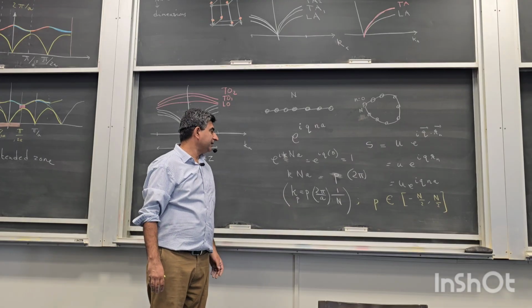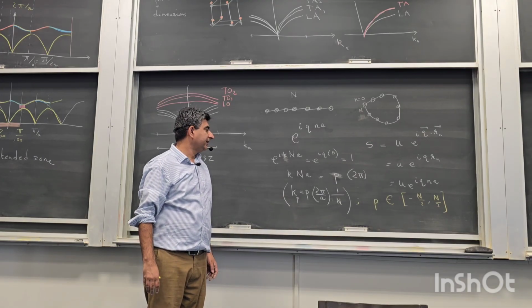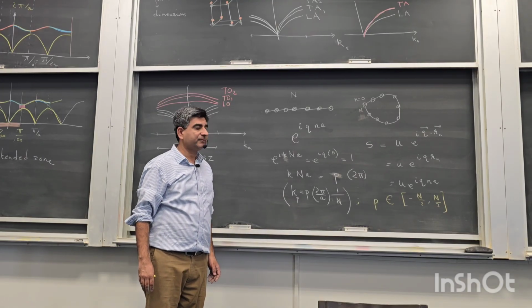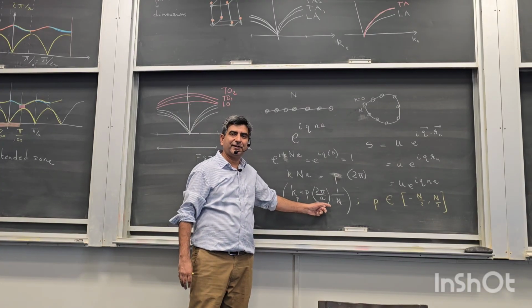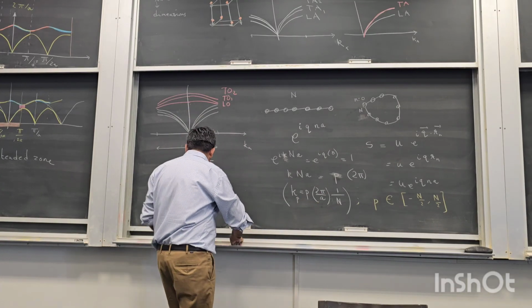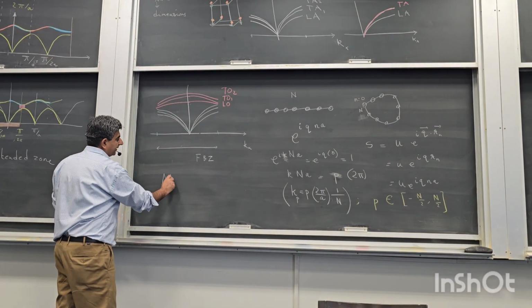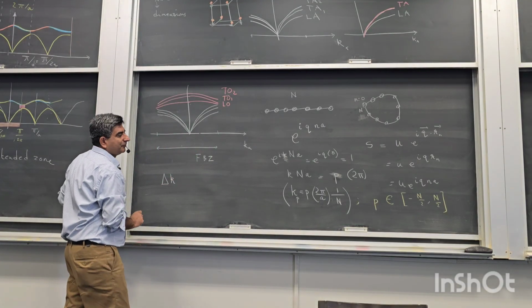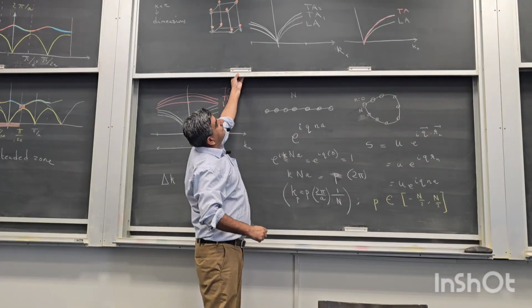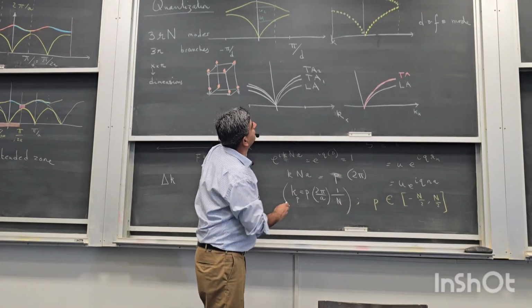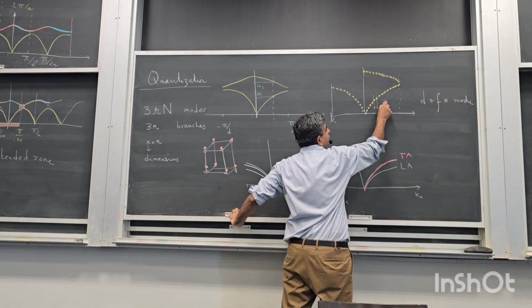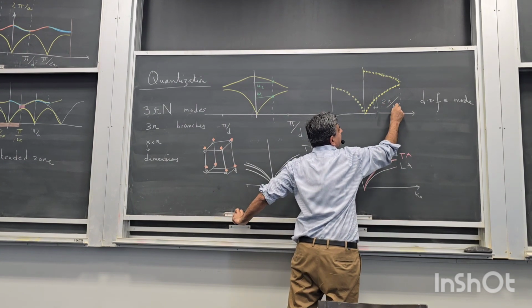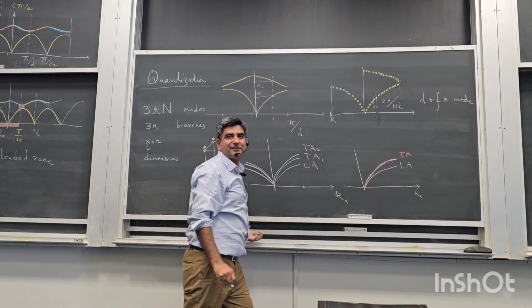And the spacing between two successive points, delta k, is 2 pi over Na, correct?